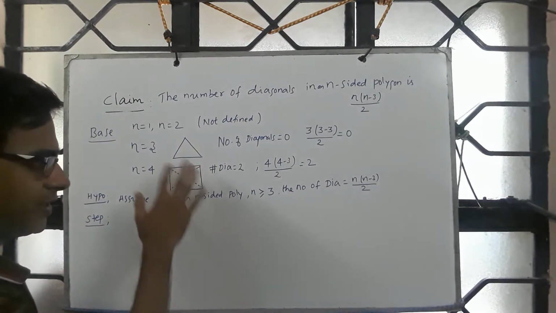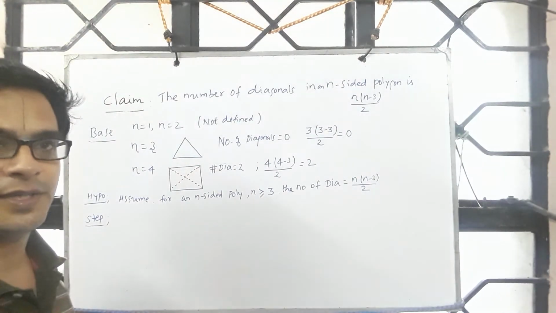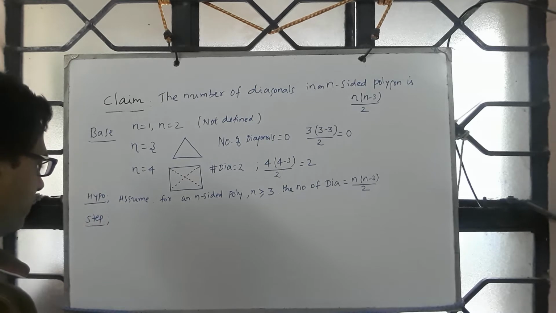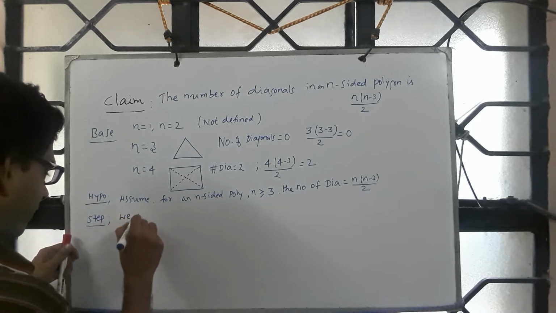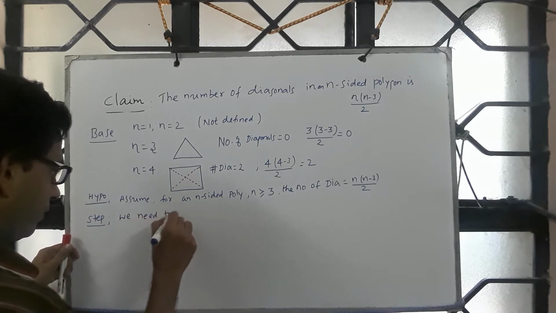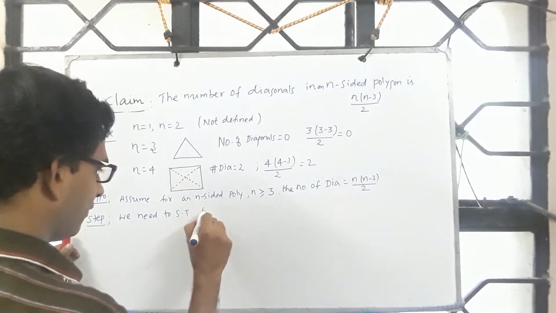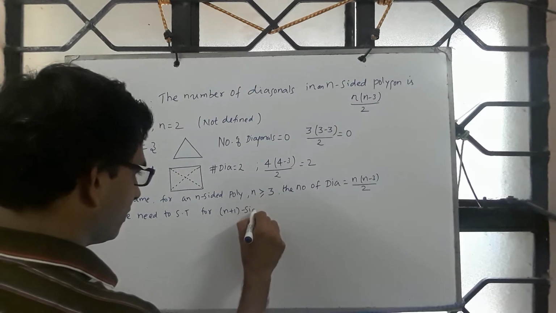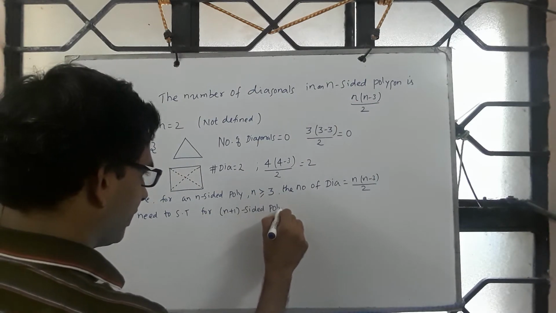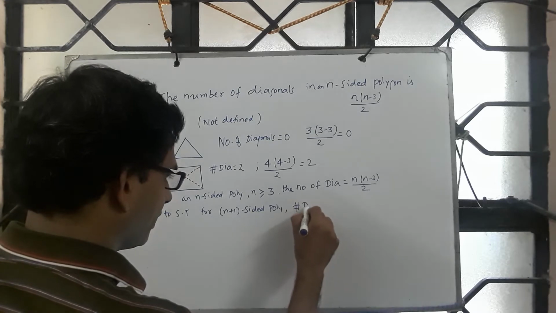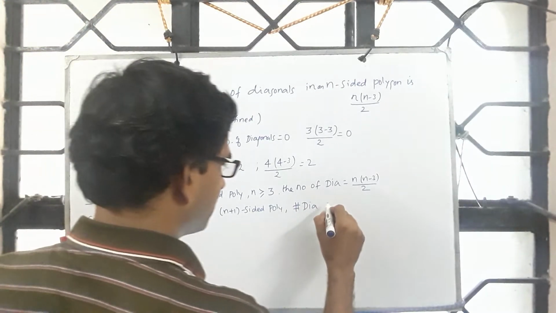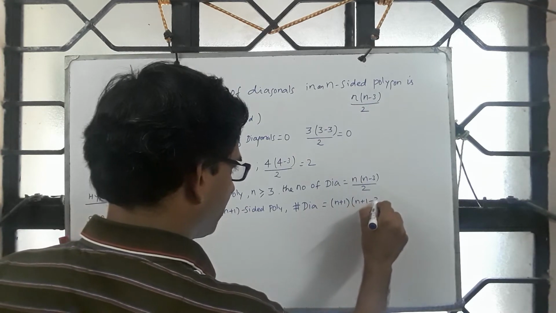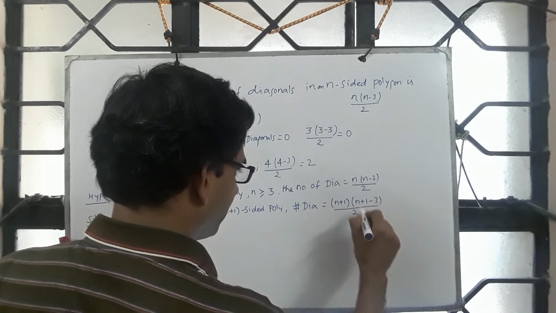Only then you see that these three are tightly coupled. Fine? Now we need to show that for an n plus 1 sided polygon, the number of diagonals is n plus 1 into n plus 1 minus 3 by 2.